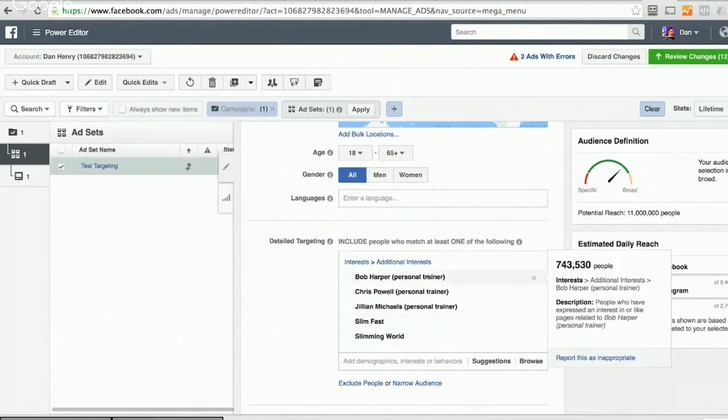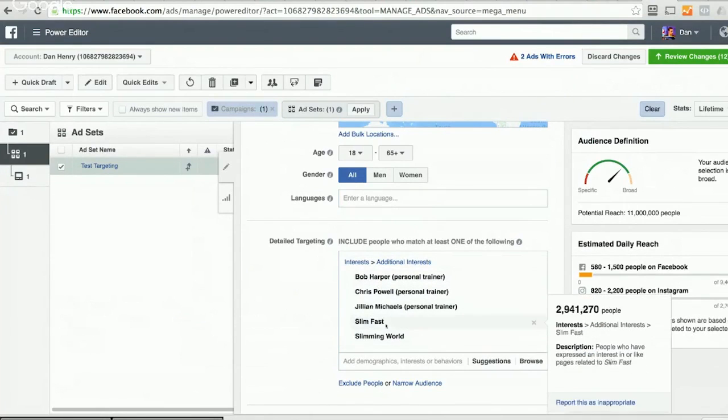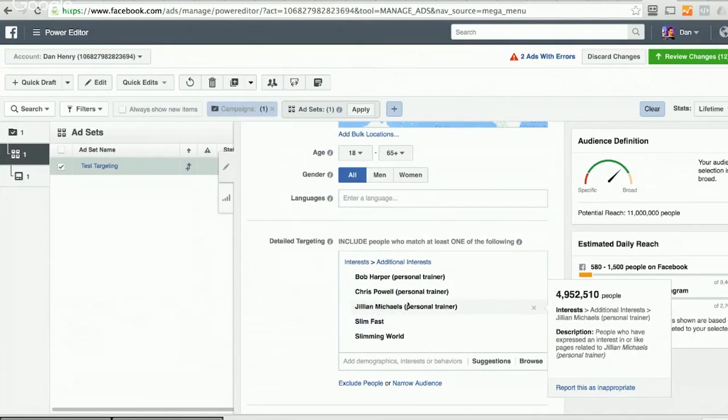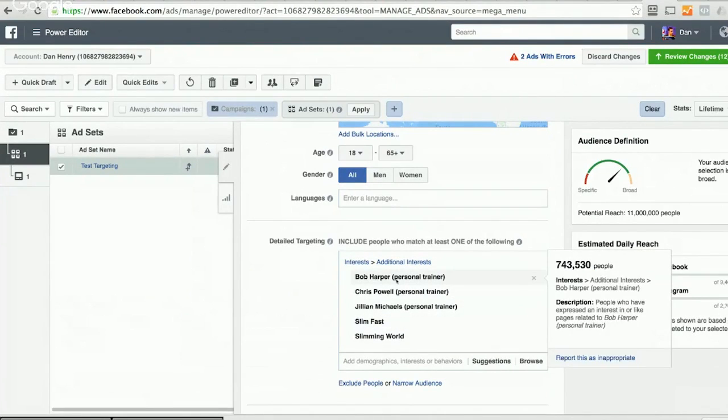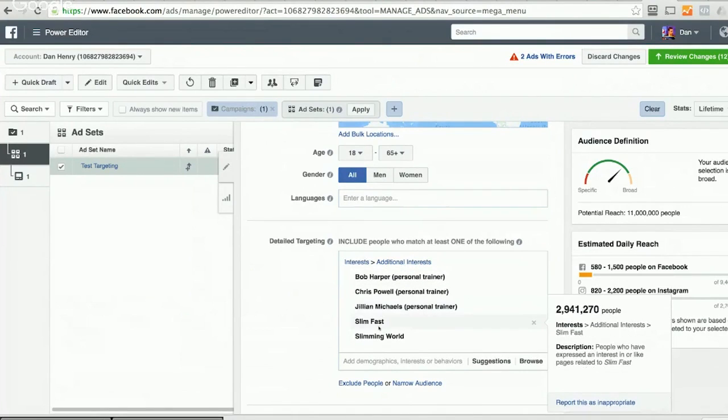So what I would do is just do one of these. Like I would just try Slim Fast, or I would just try Jillian Michaels, and then I'm able to get a little bit more precise with my ads. Let's say I went after Slim Fast, I could say something like, many people try shakes and they just don't get the results that you would from this.